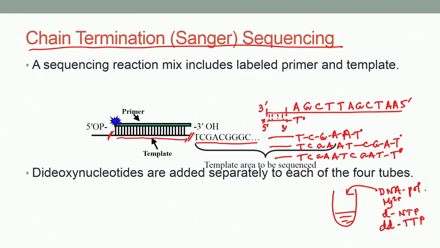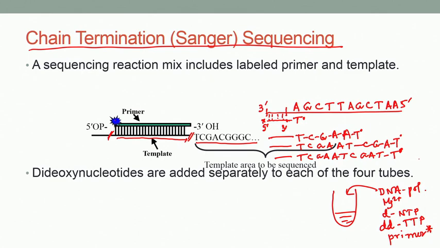Other dideoxy nucleotides I do not add to this test tube or Eppendorf. And what else? I need to add the primer, that is the radioactive primer. The primer goes and binds, and because I have only DDTTP, the chain will terminate only when there is requirement of T here. Others will not terminate, because I have not added the DDCTP or DDGTP or DDATP. So, that has to be made clear.